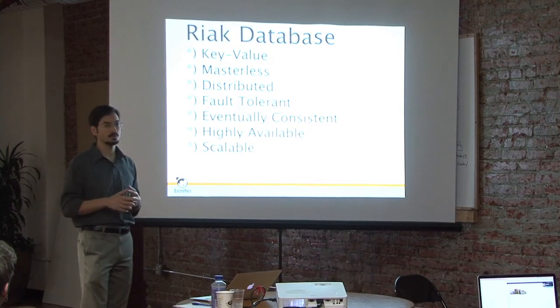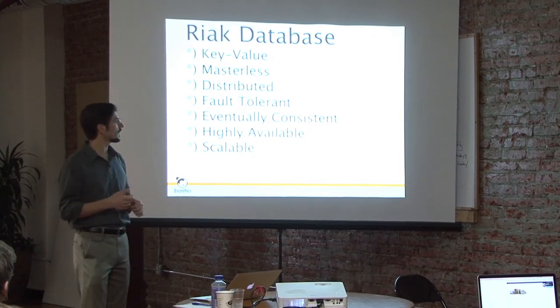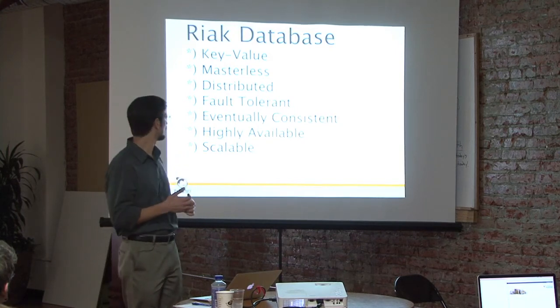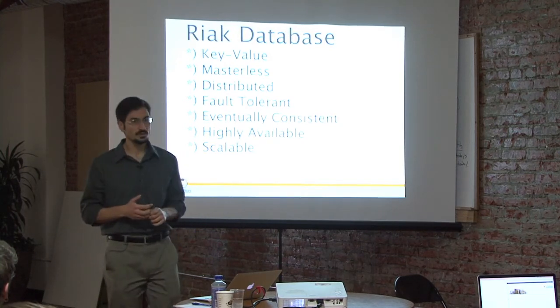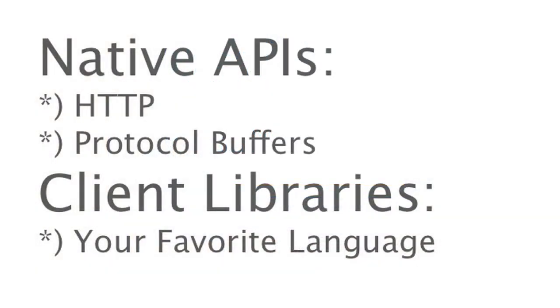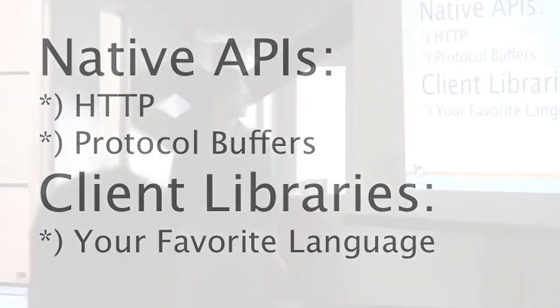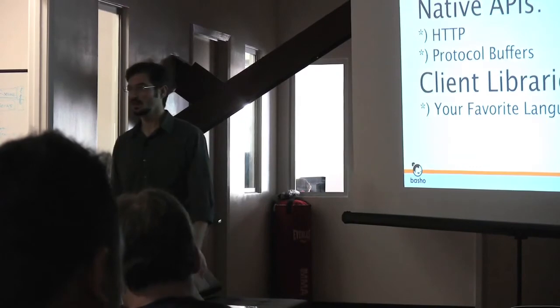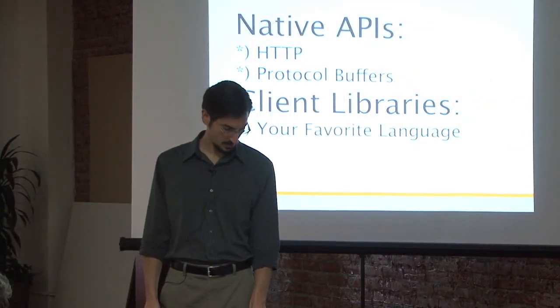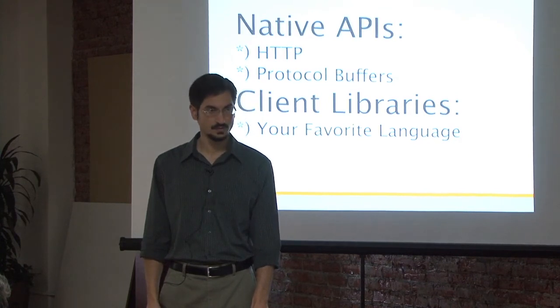It's masterless, distributed, fault tolerant, eventually consistent, so it's not ACID compliant, highly available, and scalable. The native APIs are HTTP and Protocol Buffers. And we're going to talk mostly about the HTTP connection, just because it's easier for everybody to inspect. And client libraries, pretty much your favorite language.